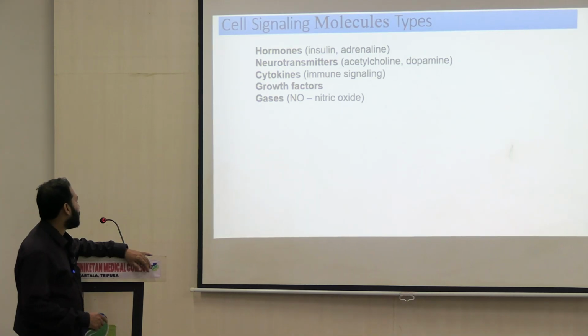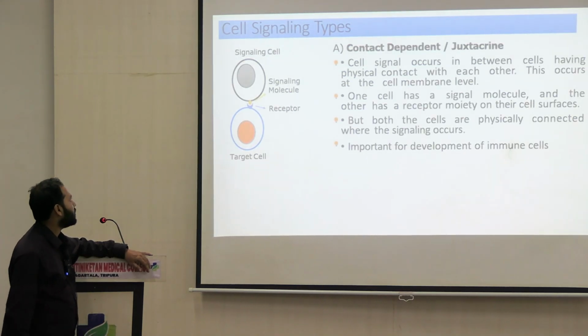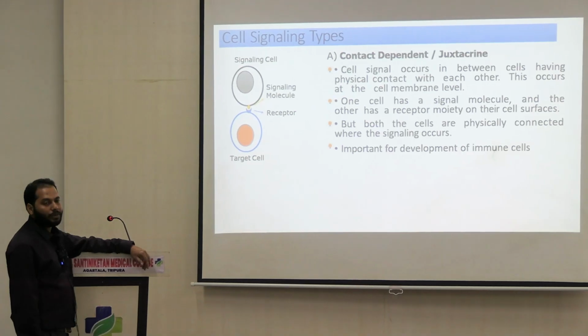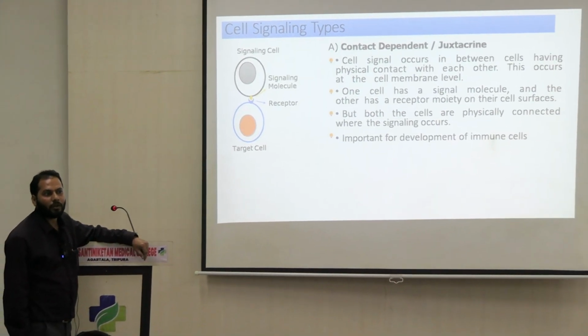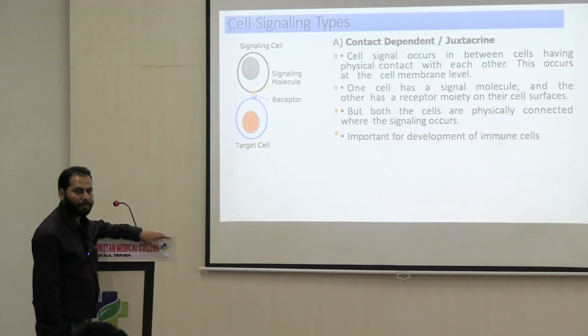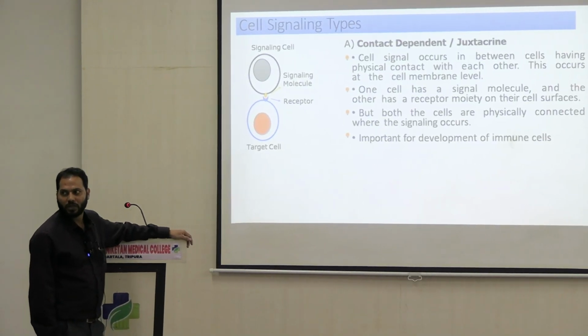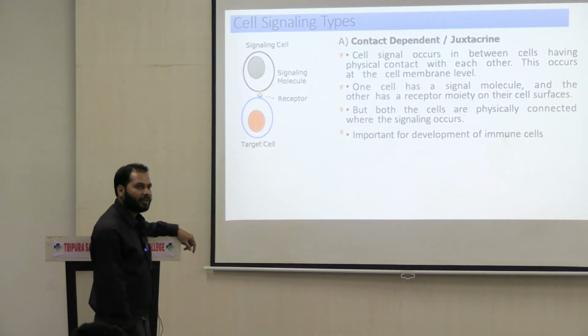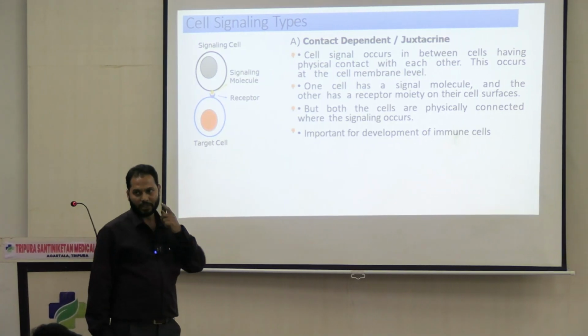These are the different types of signaling molecules. This is contact dependent, you can see. What is the meaning of contact dependent? Many of us know about contact dependent. At the same time, there are many students who don't even know the basic features of this.